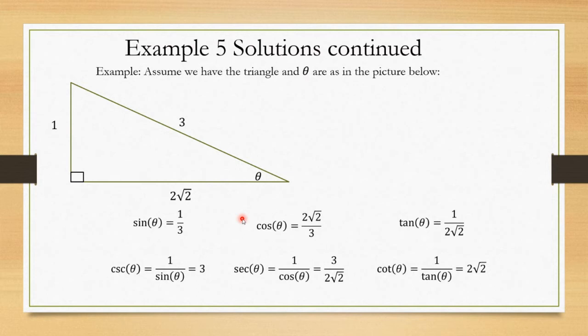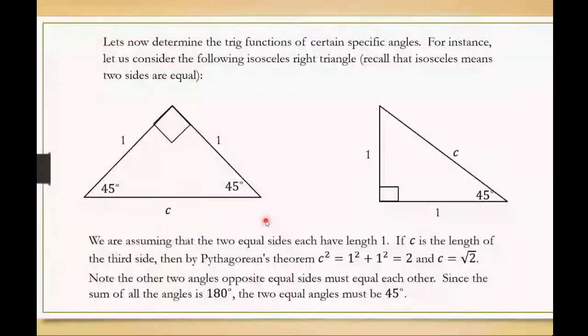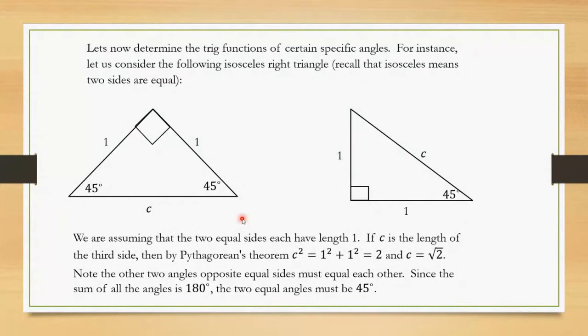And I'm guessing that's what the Greeks did back then, although they didn't have calculators. I think what they had was tables that had all the answers in them, but I could be wrong about that. What we can do is determine sine and cosine of 45 degrees, for instance, using special kinds of triangles.